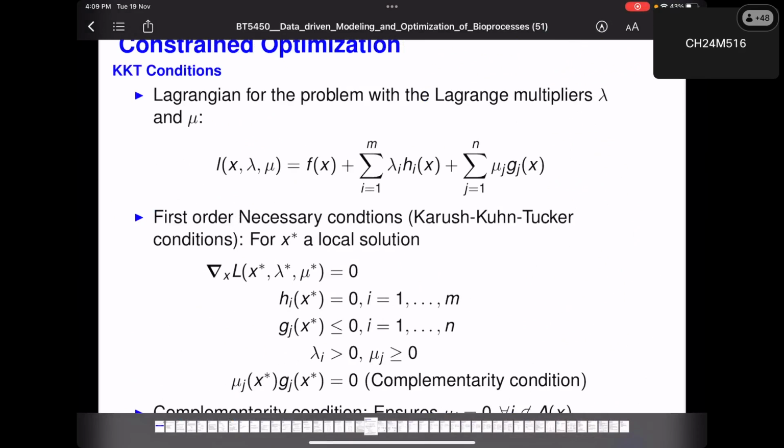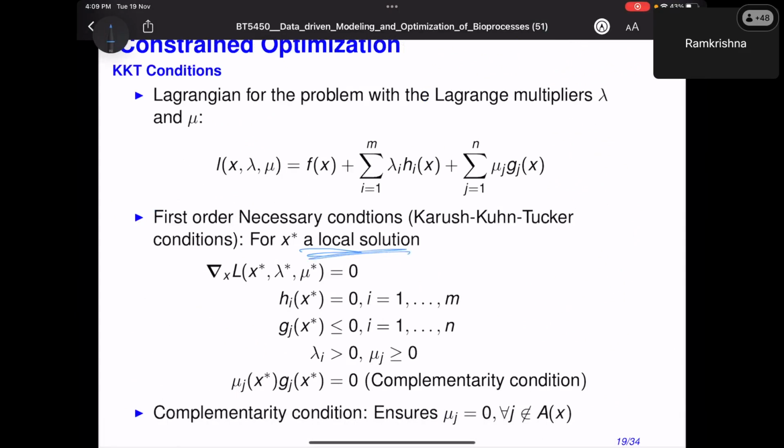Sir, these conditions will be for global minimum? Local. There will be conditions on lambda i also, right? No, lambda can be whatever, because we are not really worried about that.